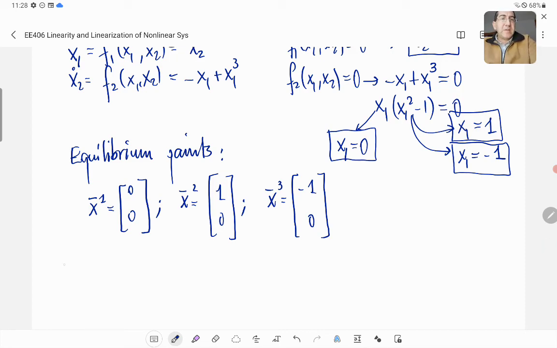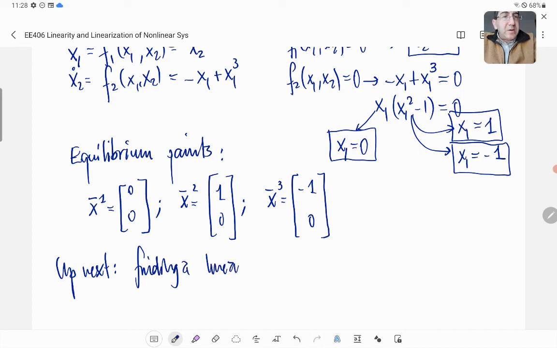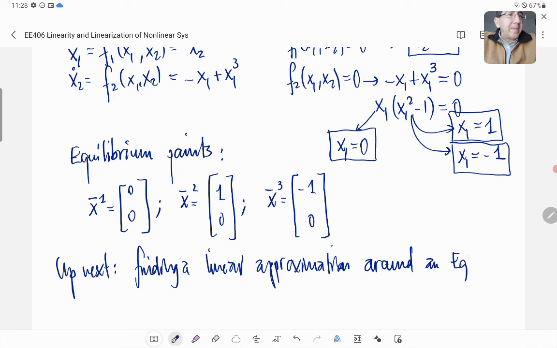Okay? So I'm going to break here. But up next is basically finding, again, a linear approximation around an equilibrium point for a nonlinear dynamic system.